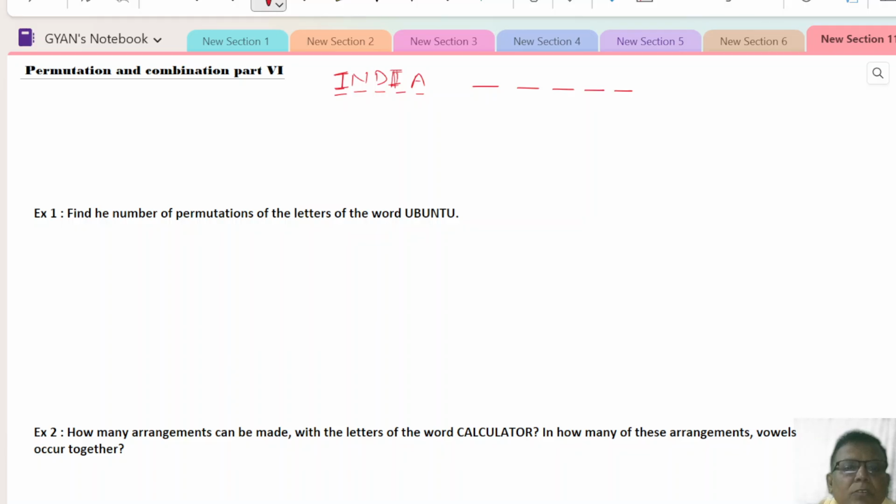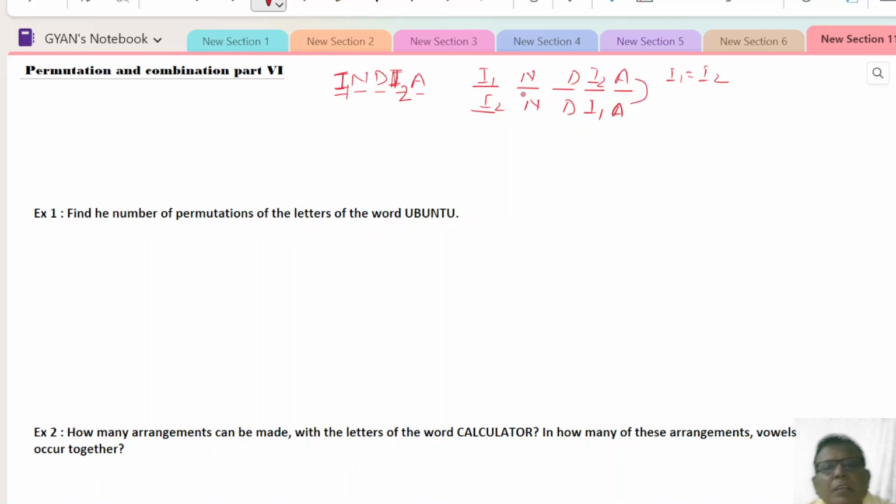Suppose if they had been different, like I1 and I2, it would be I1 N D I2 A and I2 N D I1 A. It will be the same if I1 is equal to I2.